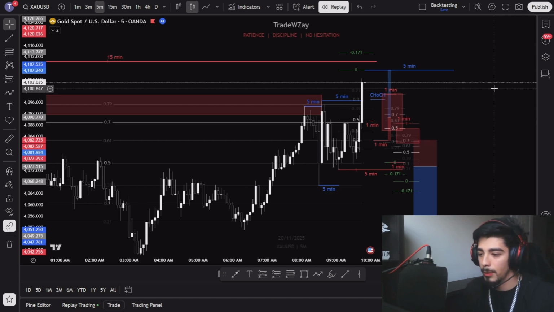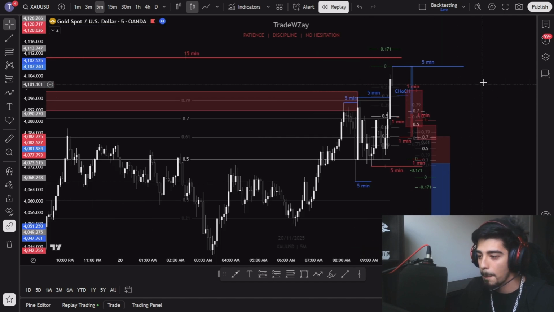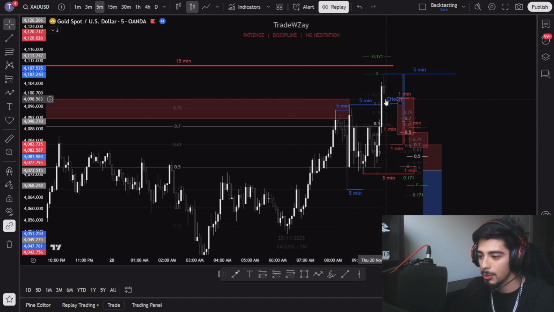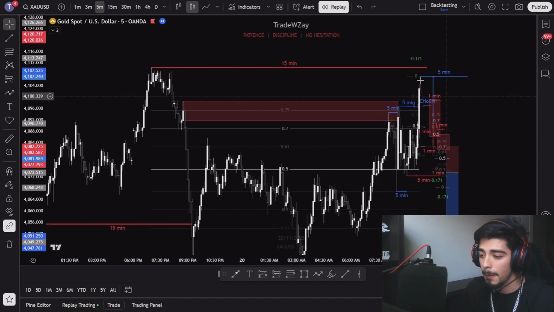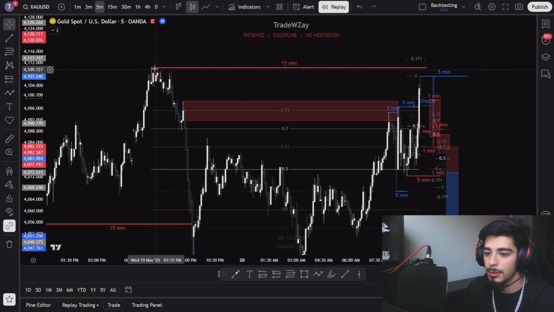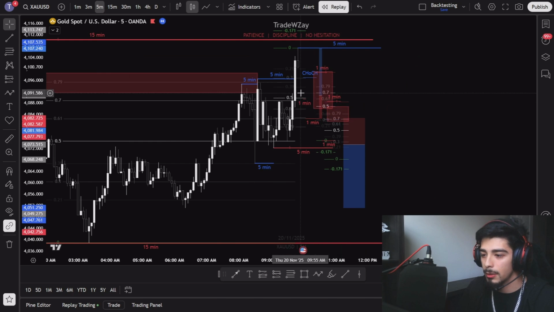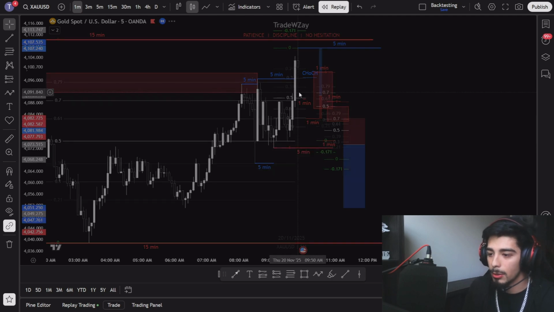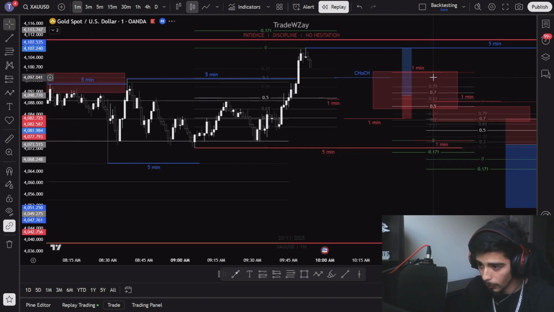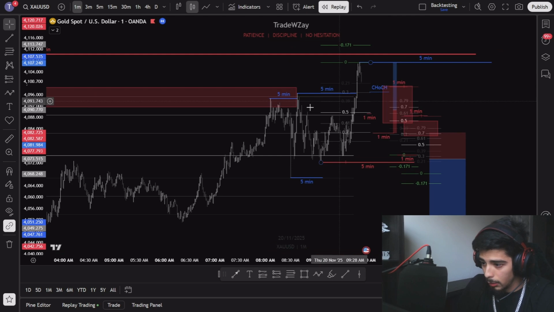So bam, it breaks structure again to the upside. So I'm like, okay, if price keeps breaking structure to the upside, then there's a possibility that this structural zone might not hold. It's around 10 o'clock, 9:50 right now. So this looks good.